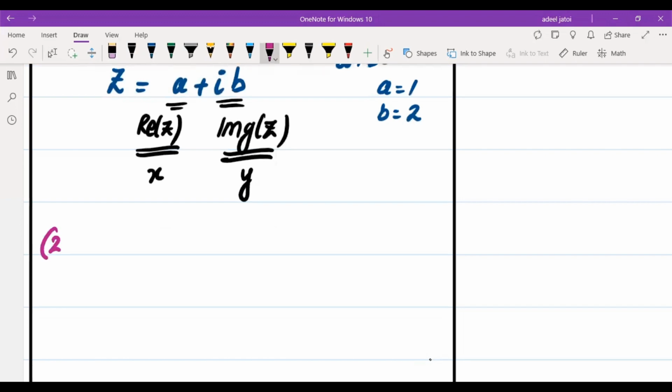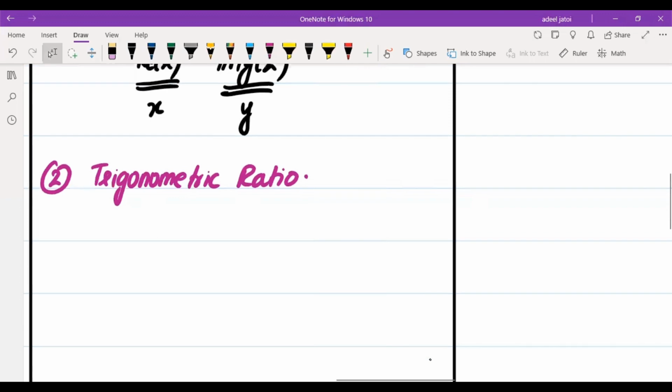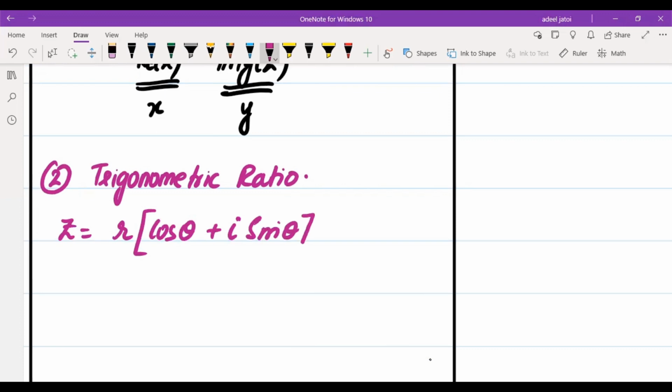The second way is the trigonometric ratio, which is generally used as Z equals R cos theta plus iota sin theta.